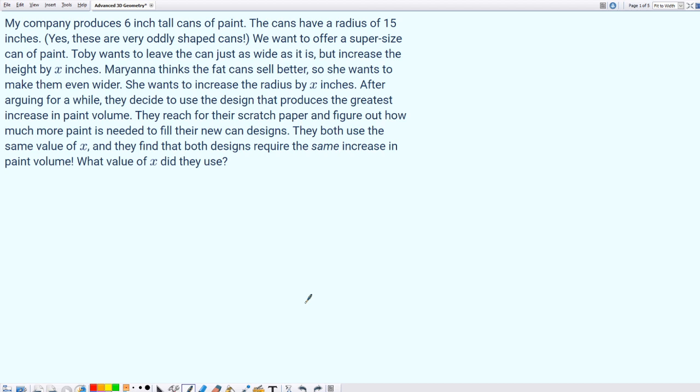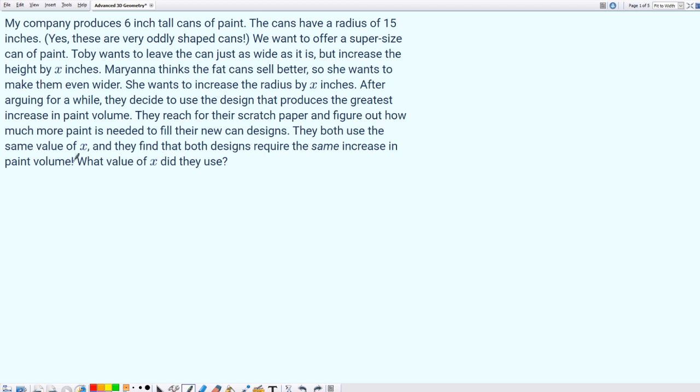Okay, so even though it's very wordy, let's take the key pieces of information. We have a can, which implies cylinder. We know that the default size is 6 inches for the height and a radius of 15. And we know that one can is going to increase the radius by X inches and another the height by X inches.